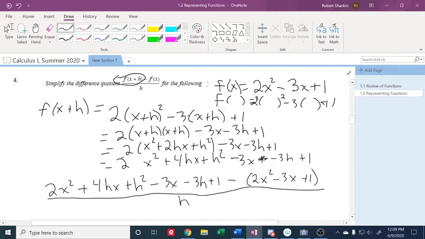Okay, and I'm just going to go into red ink for a moment, and I'm going to realize that this and this will cancel each other out. Go to blue ink. Originally you had a 2h squared, and that didn't carry down.